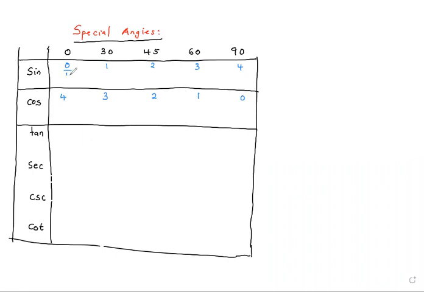And divide everything by 4. Then get the square roots.